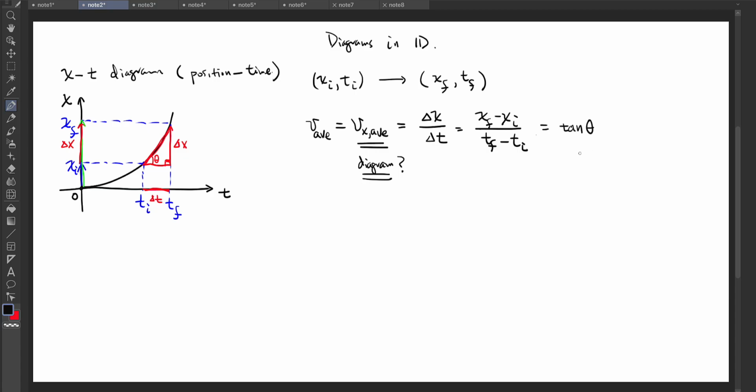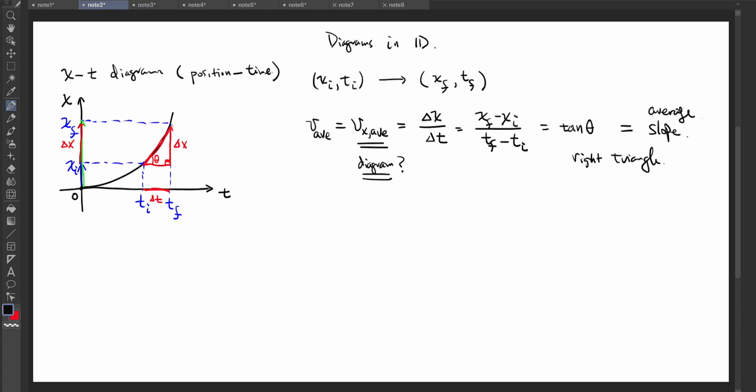Okay, so think about again the right triangle. And this tangent theta in mathematics is called slope. In this case, it's the average slope. So that's the slope definition in mathematics.